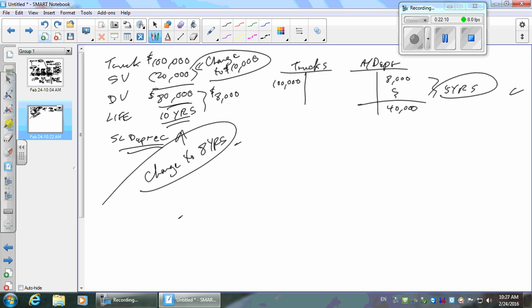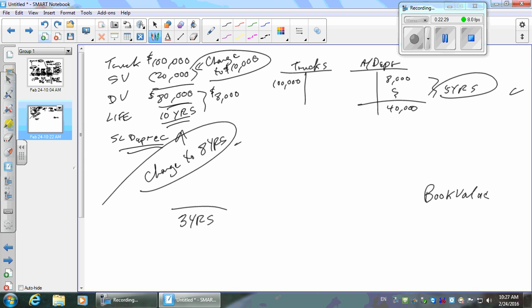So now I've got 3 years to spread it over, including the current year. How much do I have left to depreciate? We take our book value right now when we make the change.